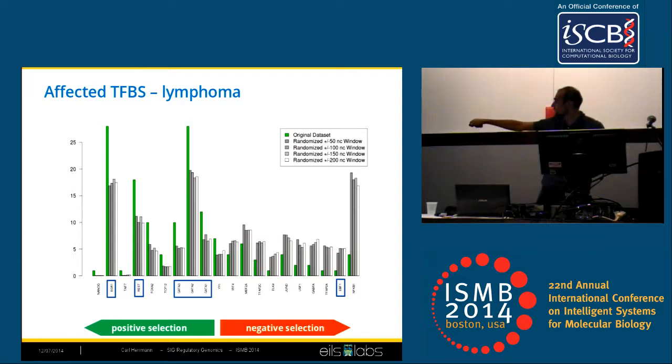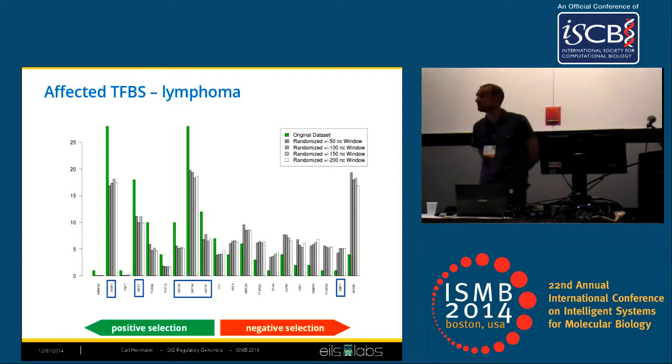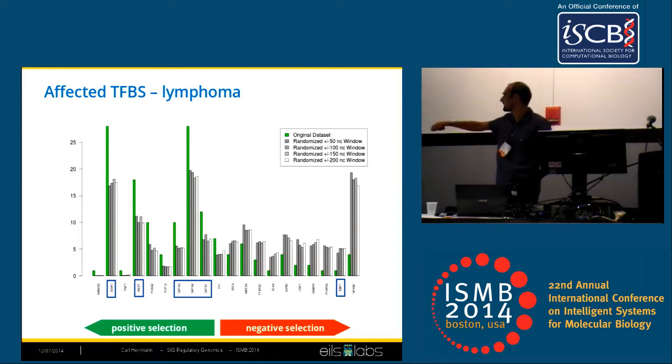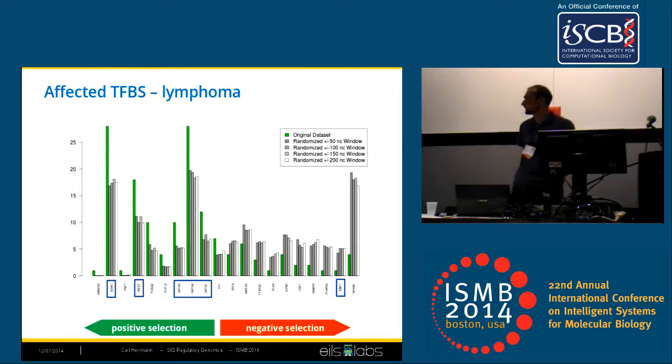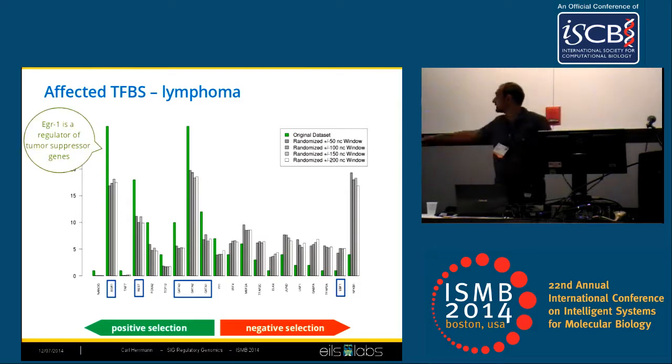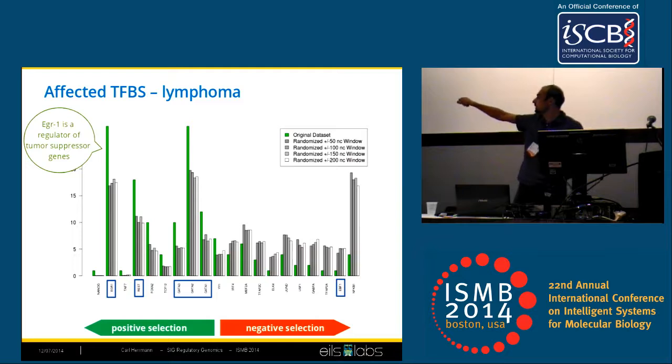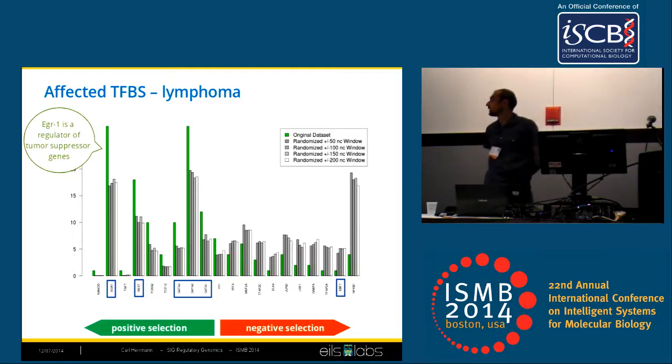And looking at the transcription factors here, a number of them make a lot of sense, related to being expressed in blood cells or the lymphatic system. One prominent example is EGR1, which is a known regulator of tumor suppressor genes like P53 or PTEN.